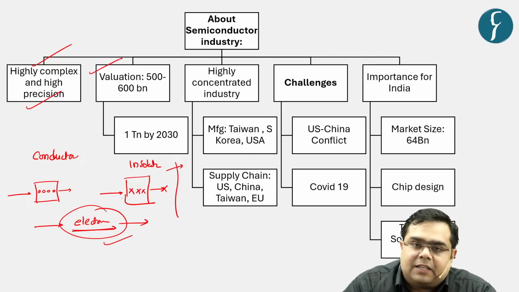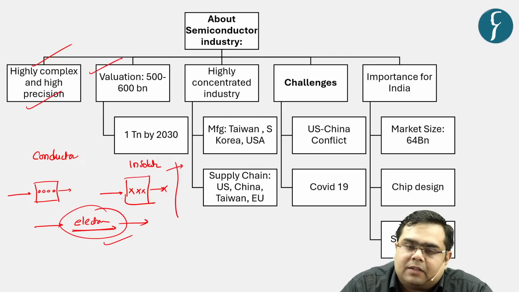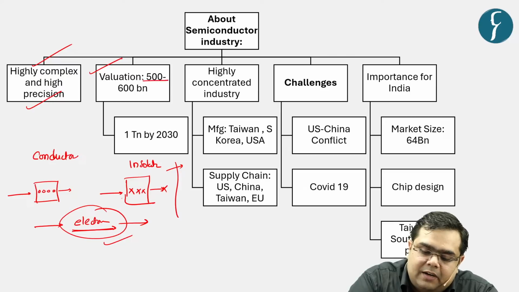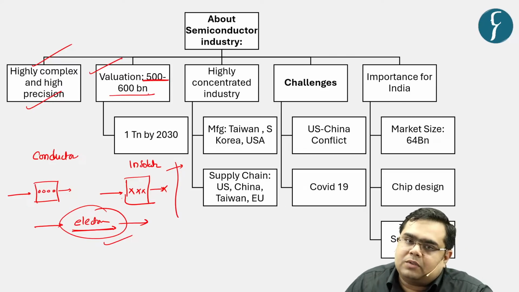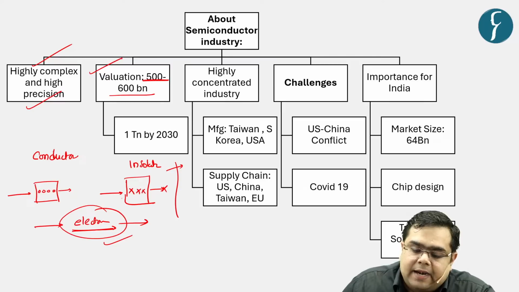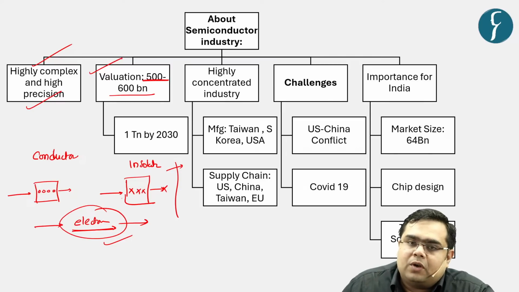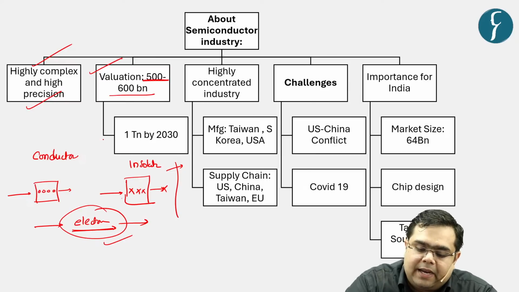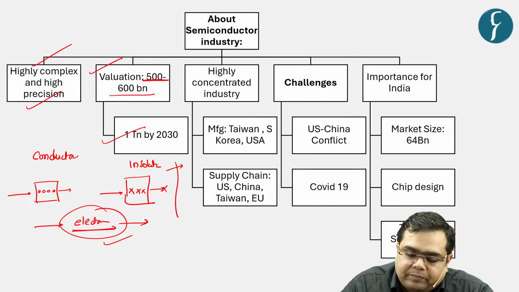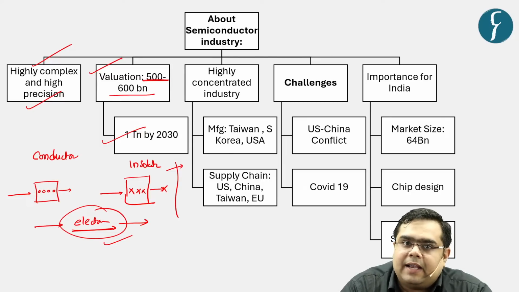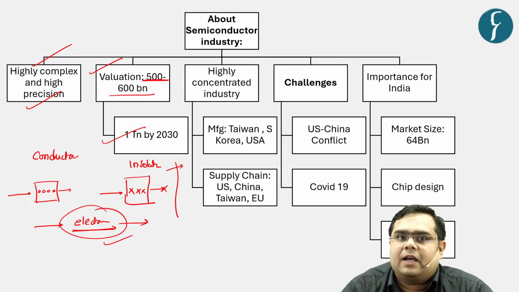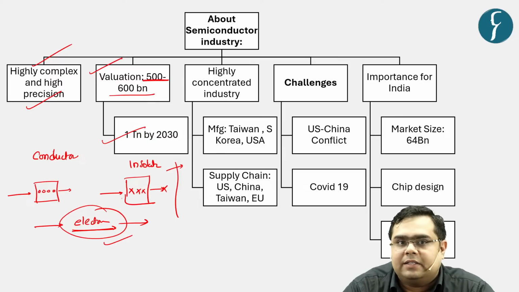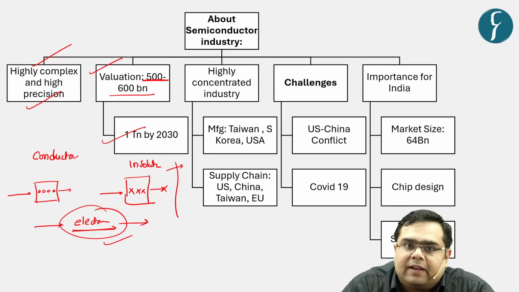Another significance of this particular industry is that its current valuation is 500 to 600 billion dollars globally, and it is going to touch US dollar 1 trillion by 2030, right? Another feature of this industry is that it is highly concentrated in the hands of a few elite countries which have the technology to develop those kinds of chipsets.